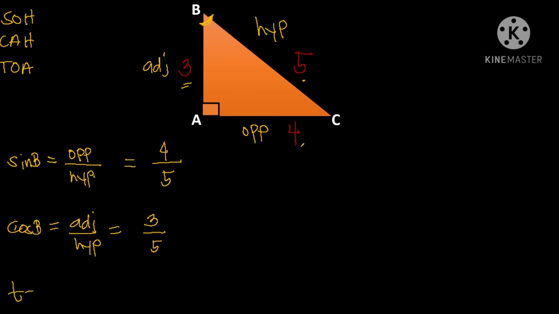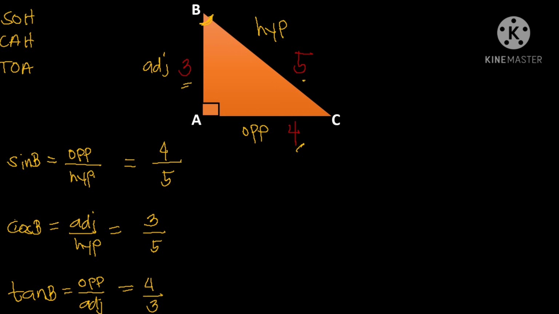For the tangent B, that is equal to, for TOA, opposite over adjacent. Ibig sabihin, tangent B natin ay opposite, which is 4, over adjacent side, which is 3. So, tangent B natin is equal to 4 over 3.